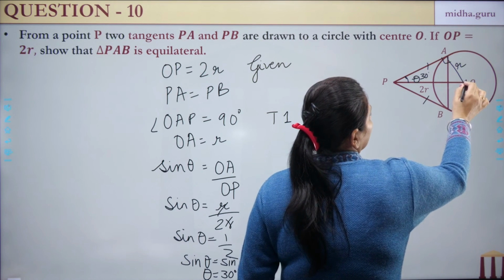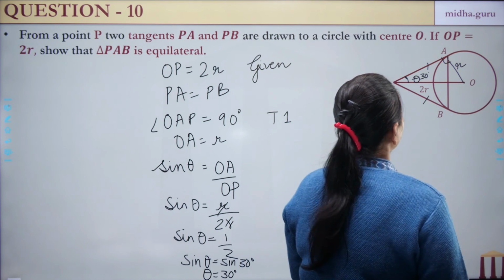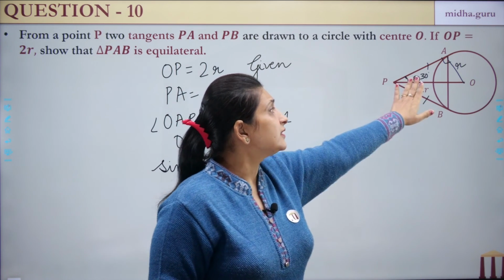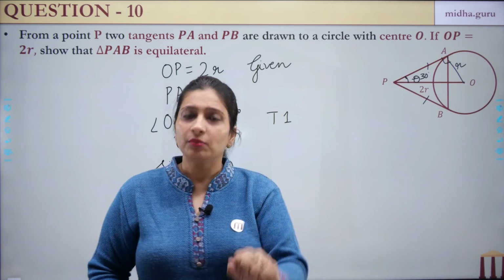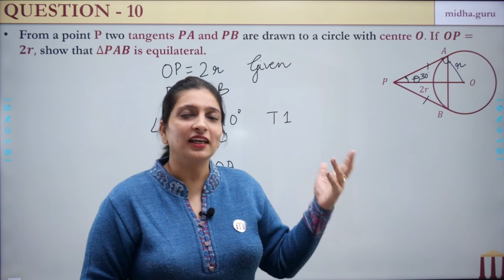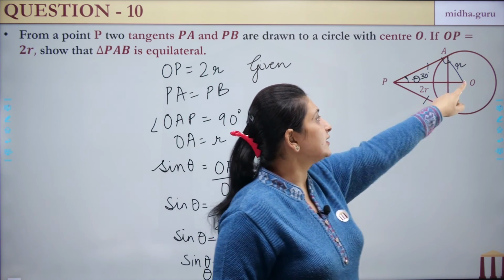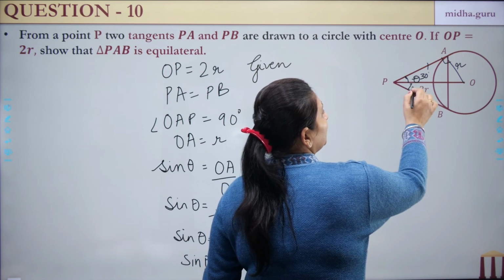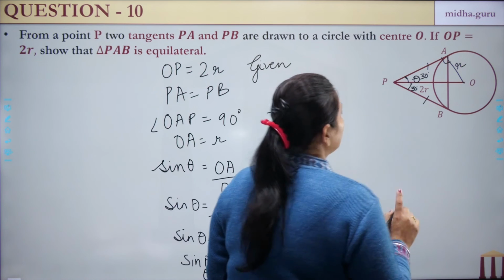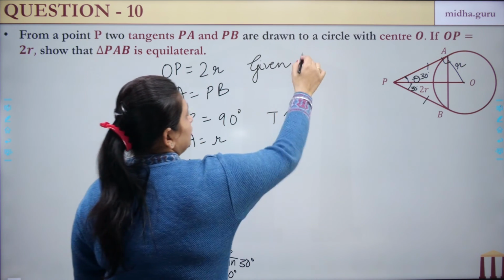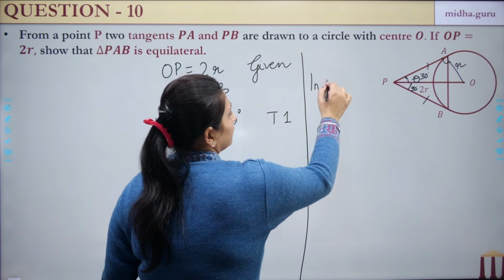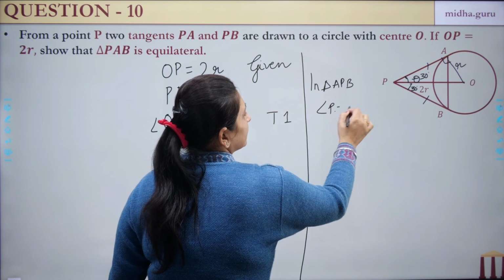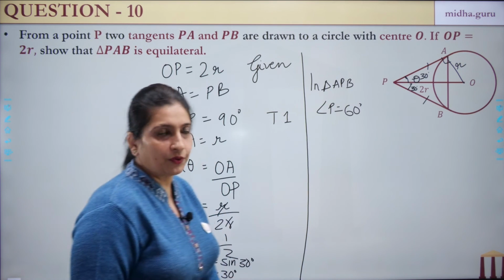Now, if we have this 30 degrees, again from theorem 3, we know that the tangents are equally inclined to the line joining the center to the external point. So if this is 30, this also will be equal to 30 degrees. So in triangle APB, we have got angle P as 60 degrees.